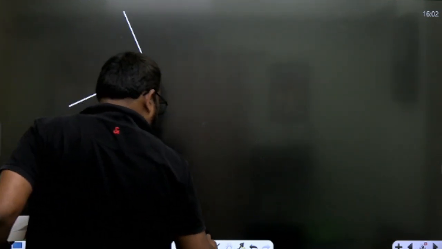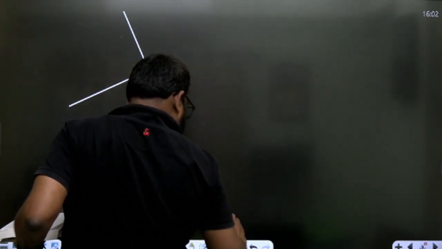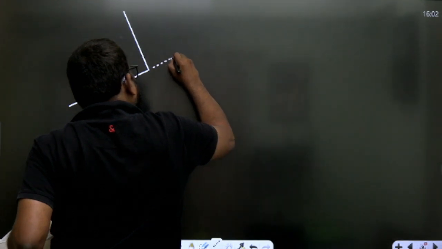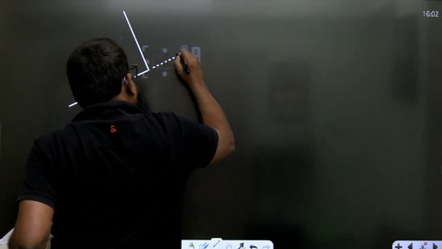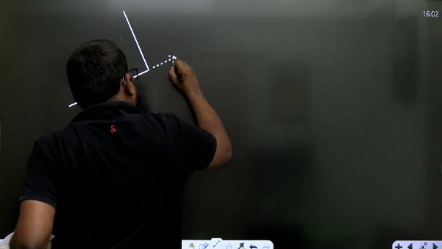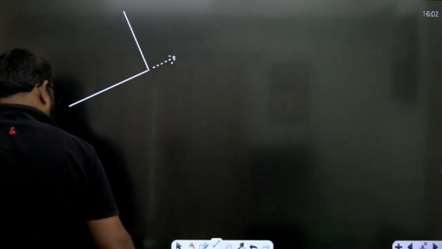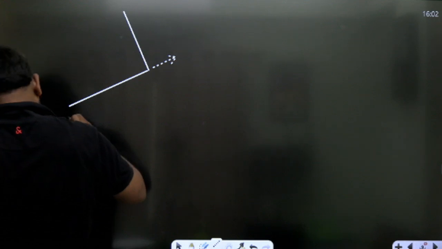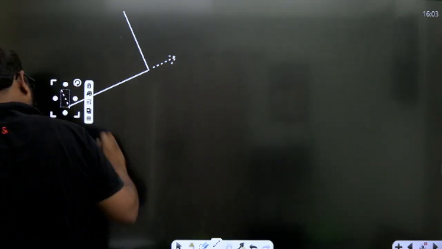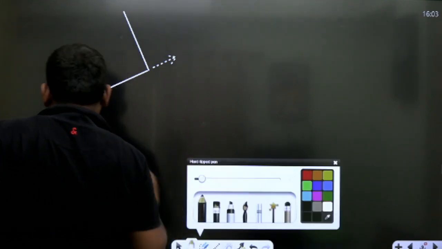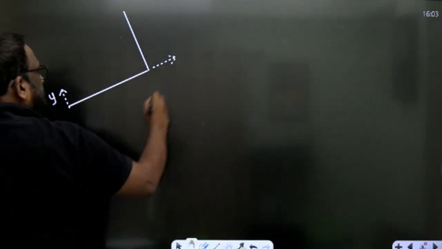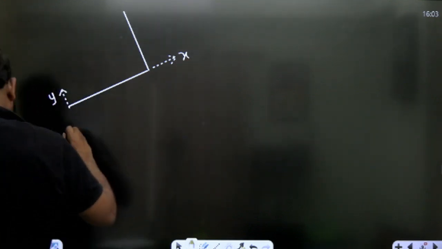Now here, this is given as axis. And here, this is y-axis and this is x-axis.